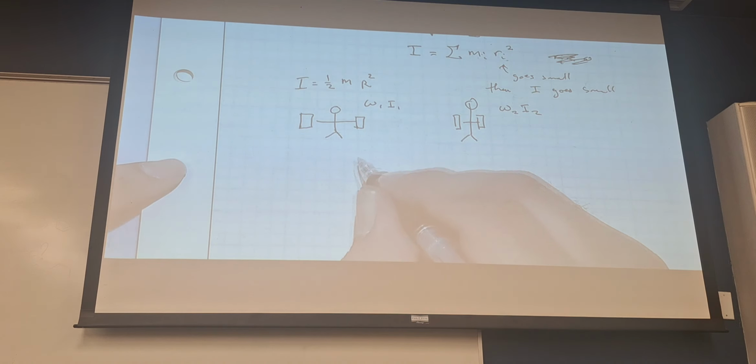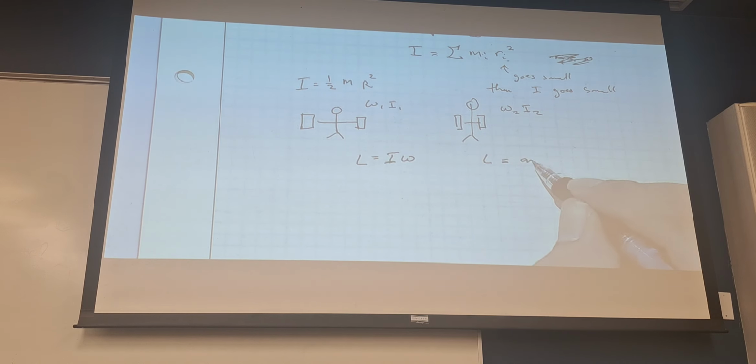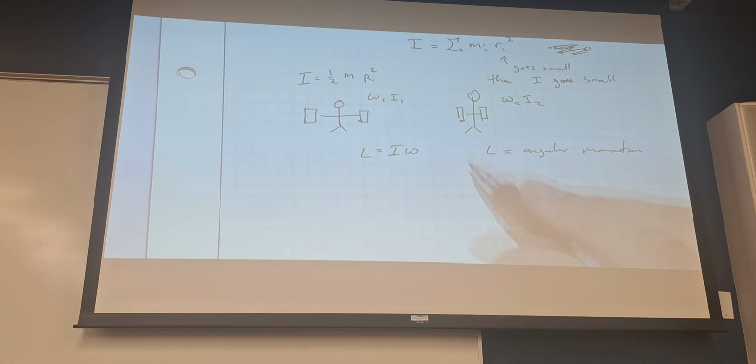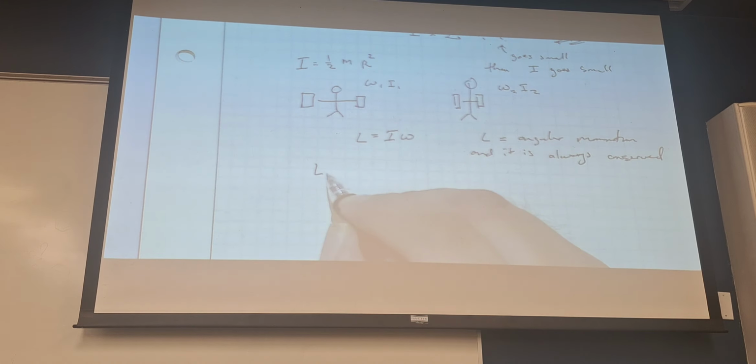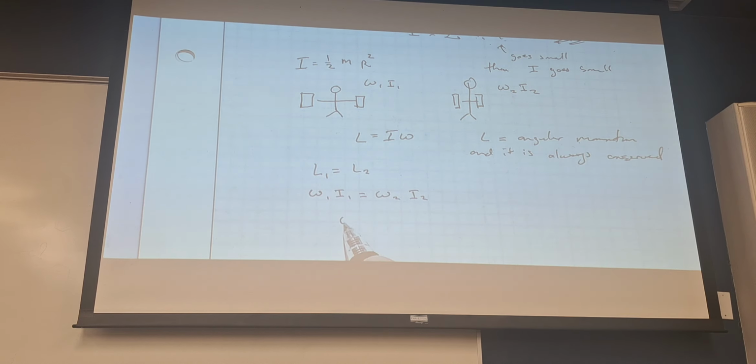So, angular momentum is defined as L equals I omega, we'll derive this. I'm just showing it here. L is called angular momentum, and it is always conserved. So L1 has to equal L2. So this becomes omega-1 I1 equals omega-2 I2. So omega-2 is omega-1 times I1 over I2.